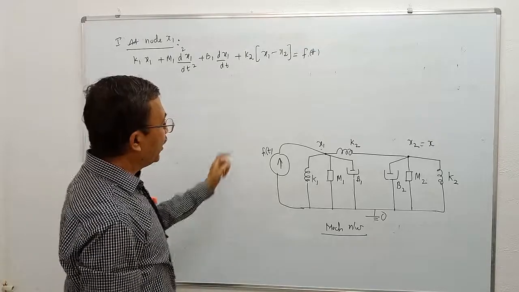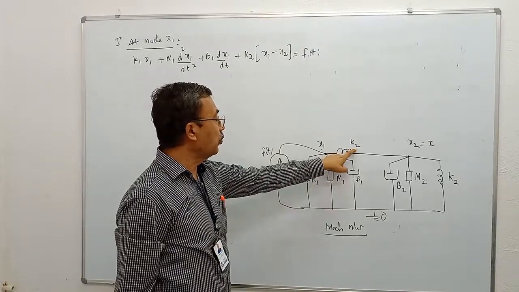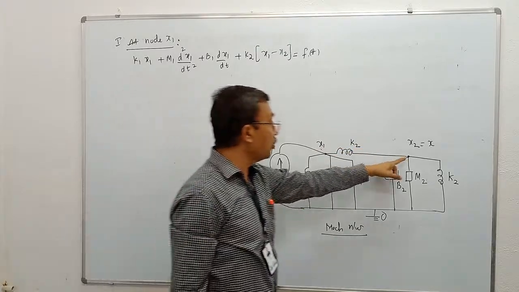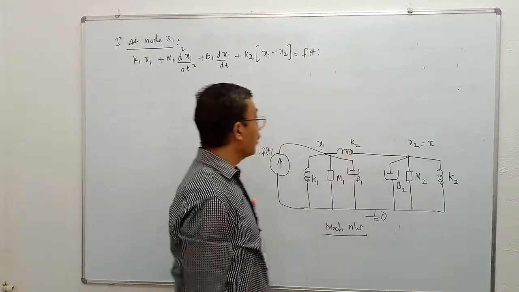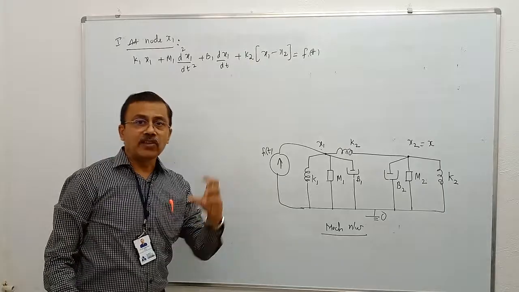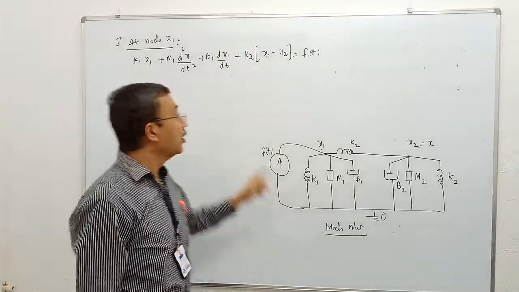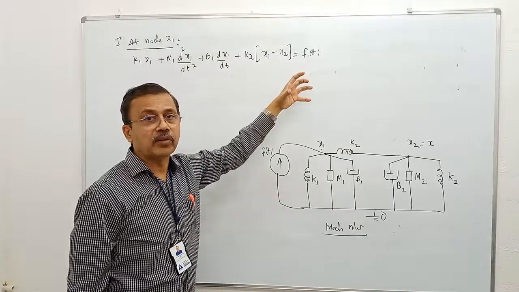When we write the equation at node X1, the correct relative displacement for K2 should be X1 minus X2. Similarly, when we write the equation at X2, the relative displacement for K2 shall be X2 minus X1. And now we have got a differential equation. This differential equation will be converted into an algebraic equation by taking Laplace transform with all initial conditions set to 0.